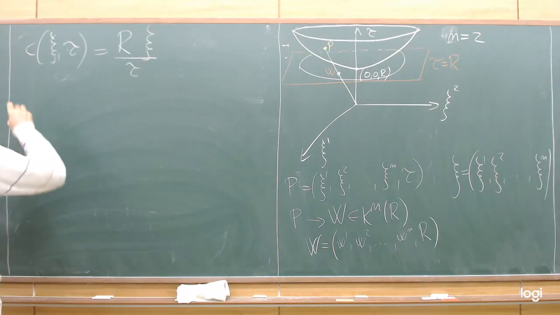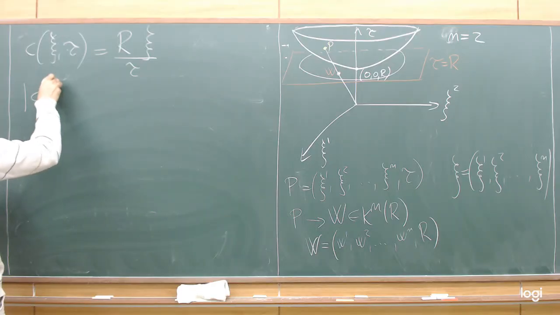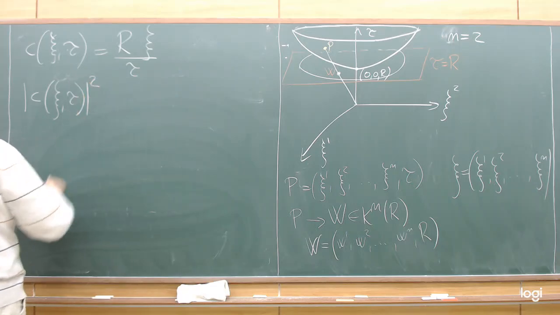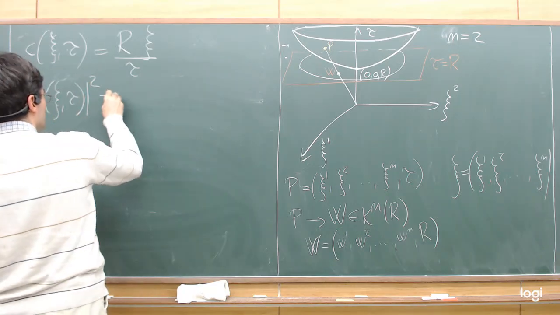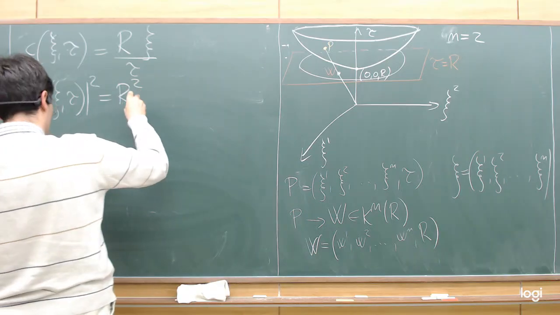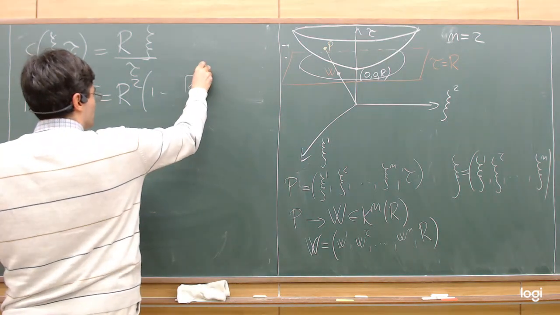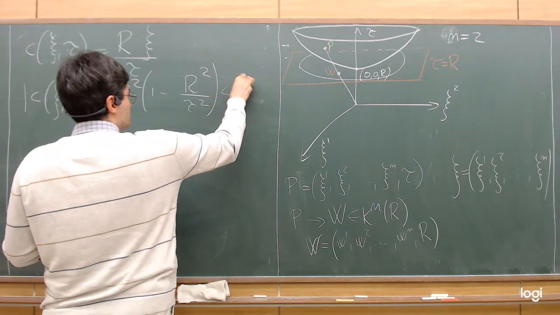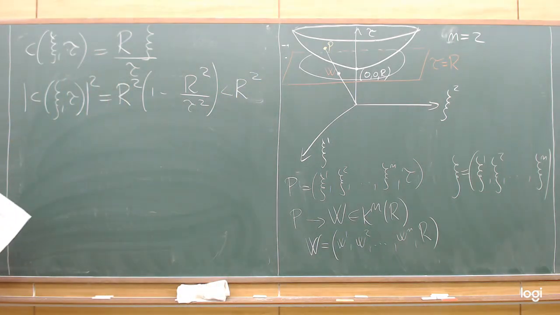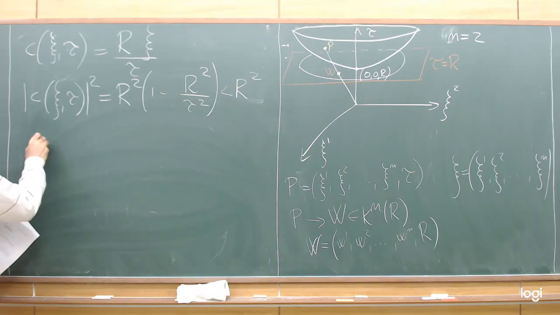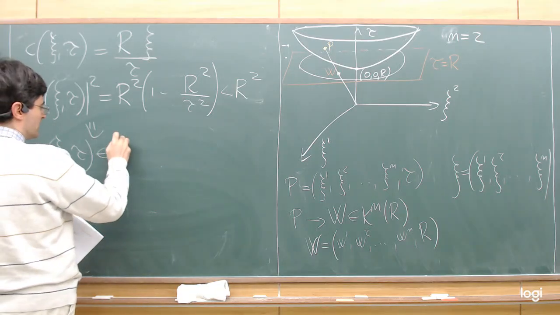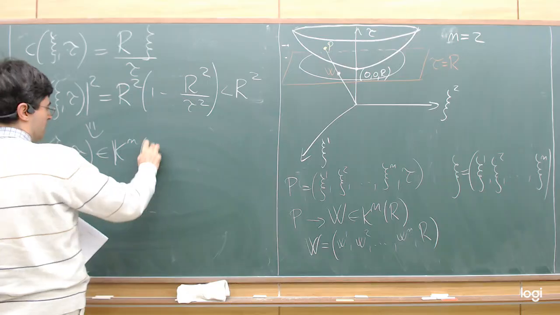It is possible to prove that the length of C(xi, tau) squared is equal to r squared times 1 minus r squared over tau squared, and this is less than r squared. So this says that C(xi, tau) belongs to K^n_R.